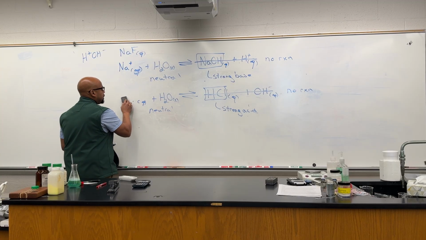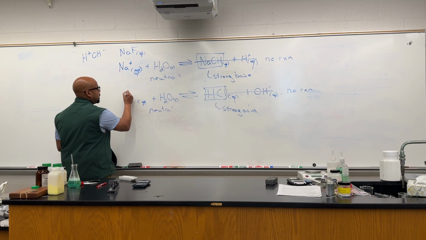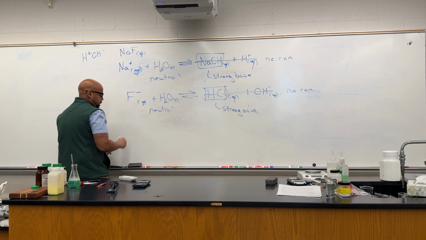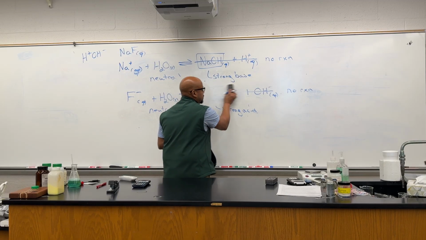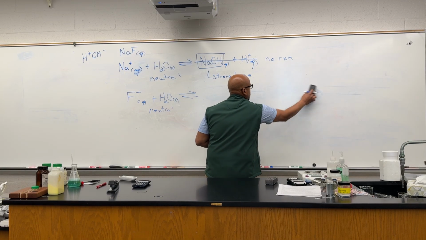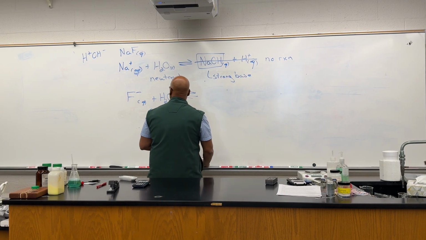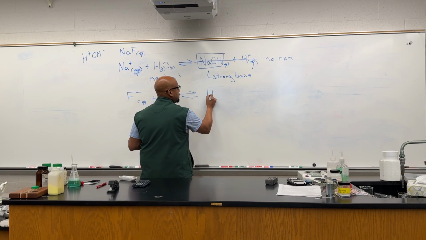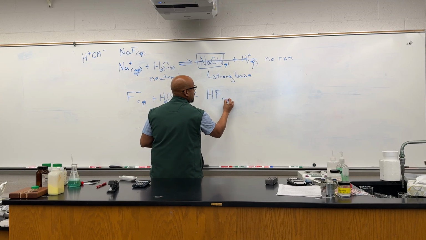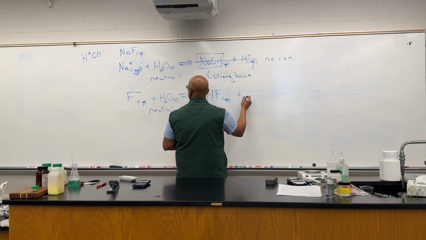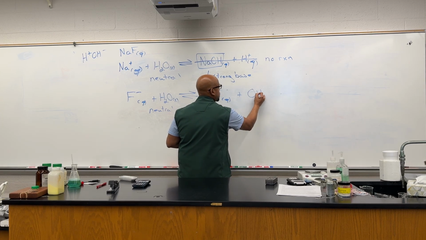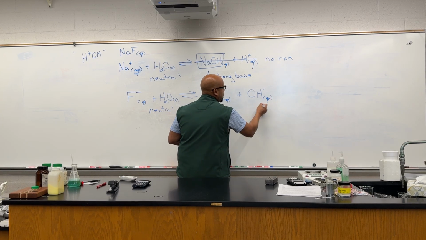I'm going to go in here, and instead of chloride, I'm going to go with fluoride right here. I'm going to get HF aqueous plus I'm going to get OH minus aqueous.